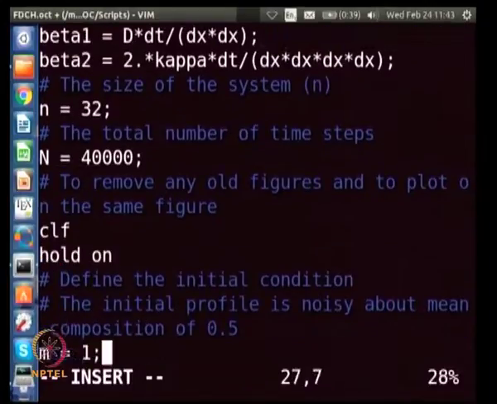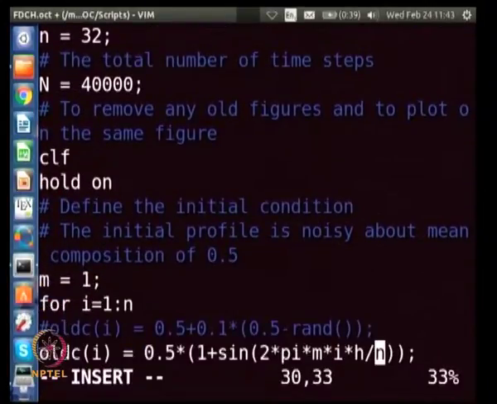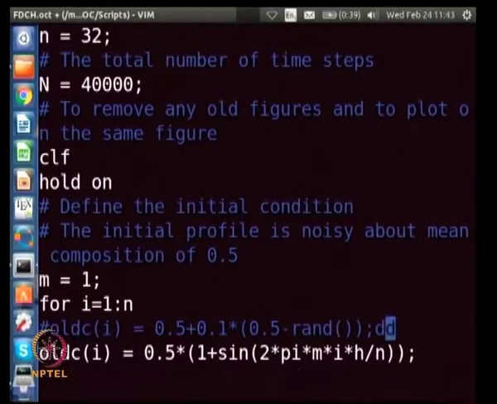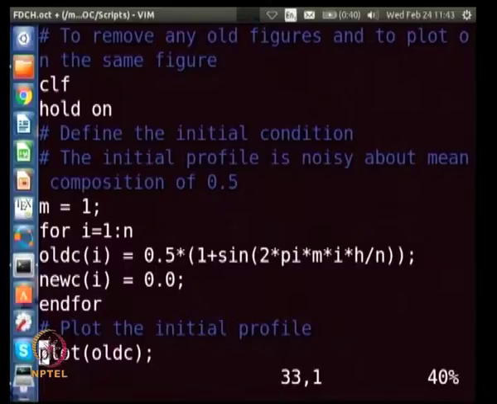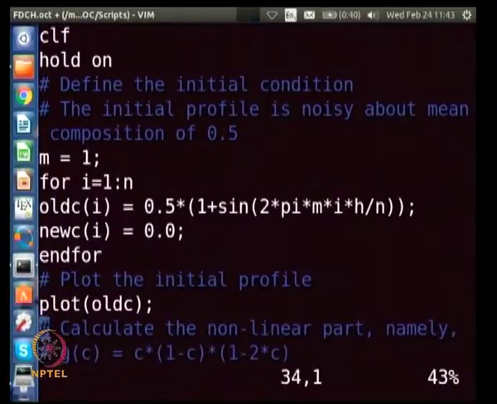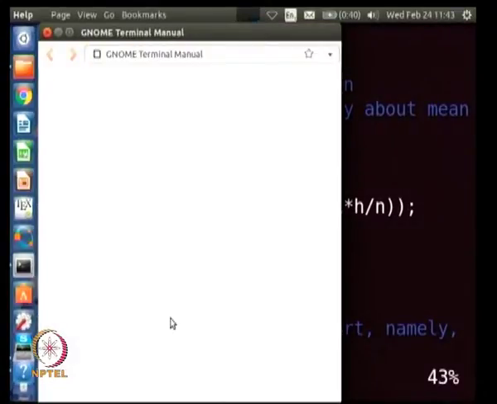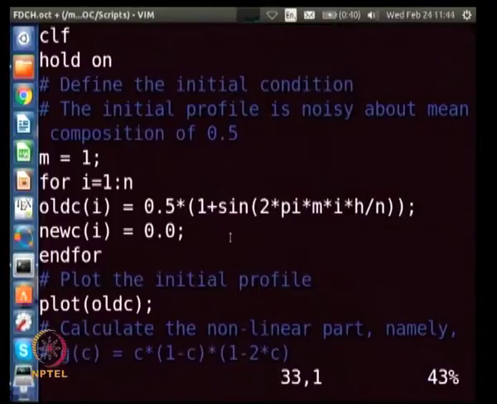Clear figure, hold on, and again I take one wavelength. I have the old C. I have put a sinusoidal profile, new C is 0, end for, and I plot the initial profile. That will be plotted in blue by default.